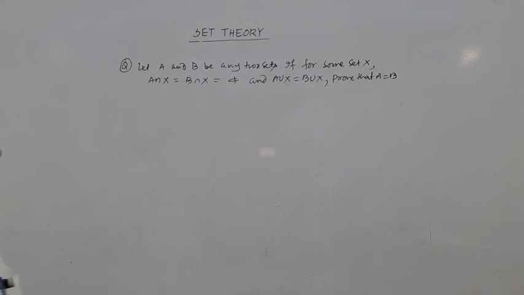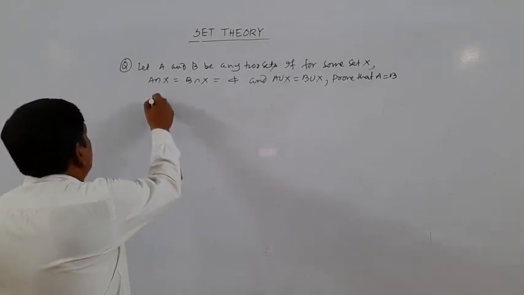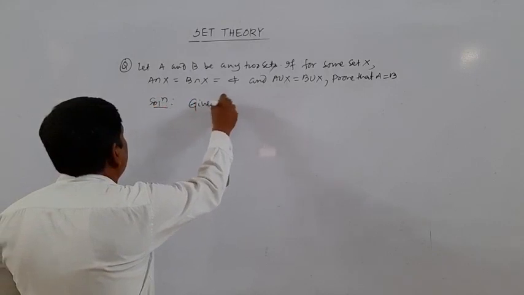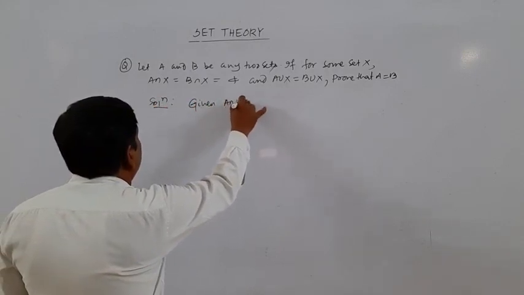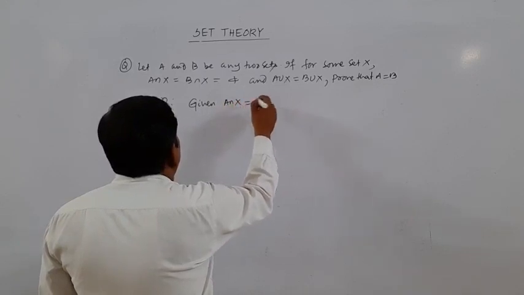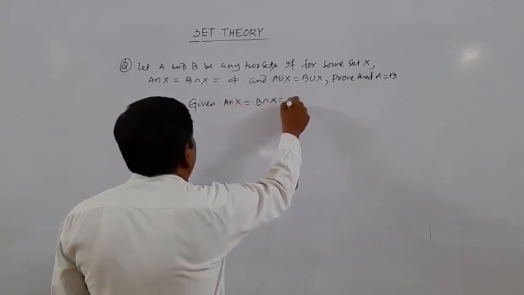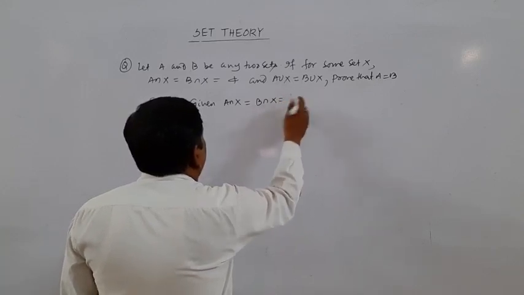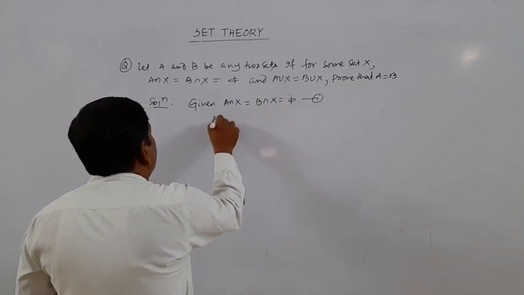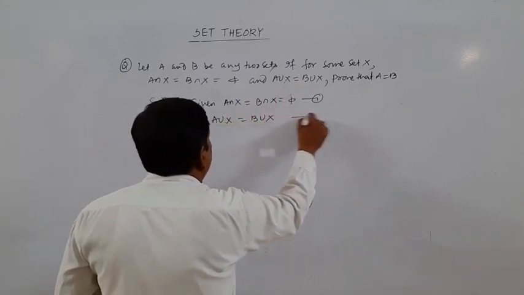Now, solution. Given A intersection X is equal to B intersection X is equal to ∅. Suppose this is equation 1, and A union X is equal to B union X, suppose equation 2.